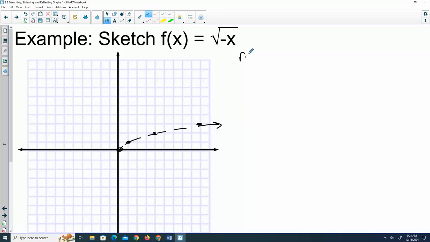If the negative is on the inside, what does it reflect over? It's just taking my x values and changing their sign. So instead of 4, 2, you would have negative 4, 2. Instead of 9, 3, you'd have negative 9, 3. So it's going to look like this.